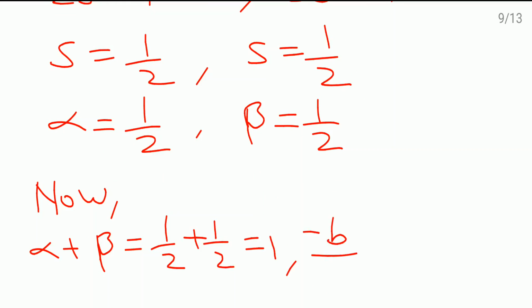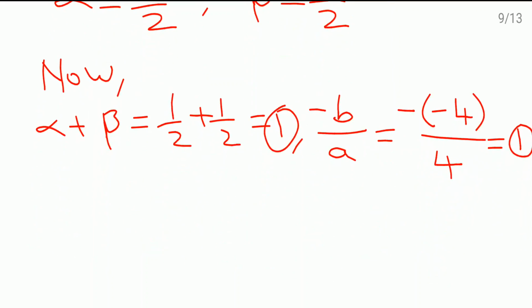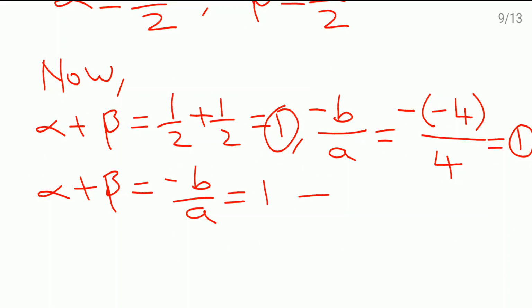And here minus b by a. So minus the coefficient of s, which was minus 4. And a is the coefficient of s square, that is 4. So which comes as 1. See, both the values are equal here. Now alpha plus beta is equal to minus b by a, which comes as 1. This one is the first relationship.